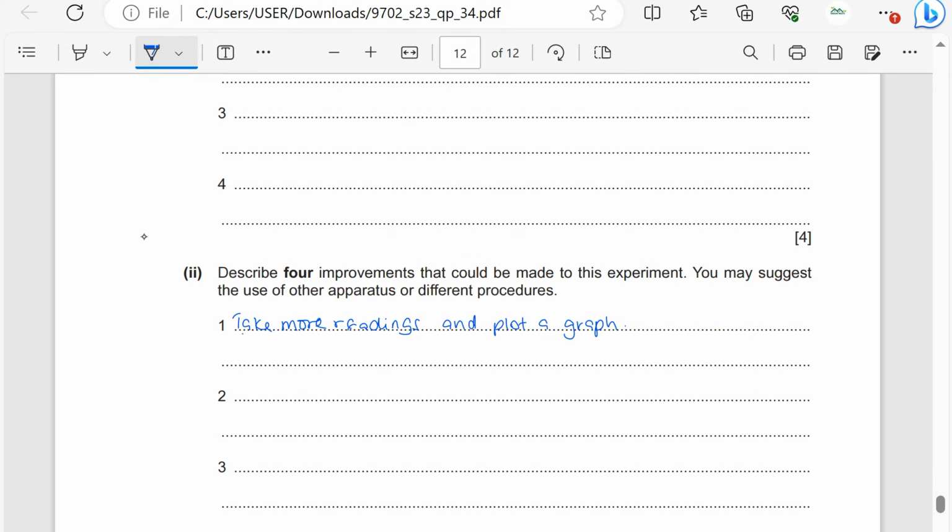Alternatively, you could say take more readings, obtain more K values, and compare them.